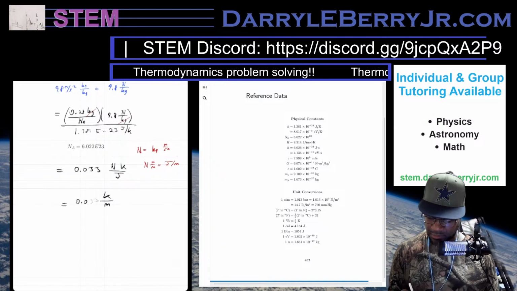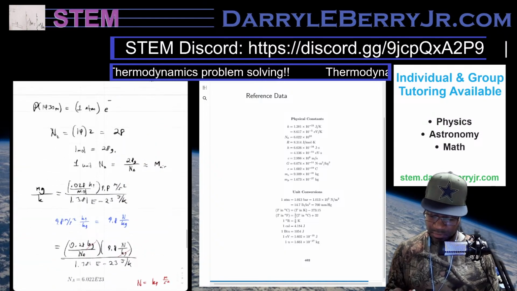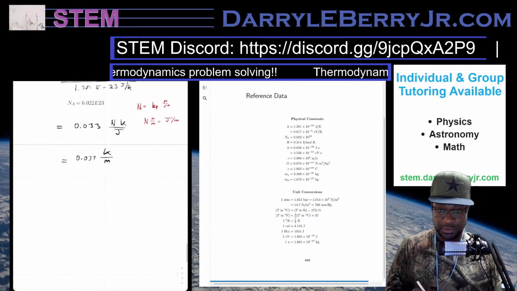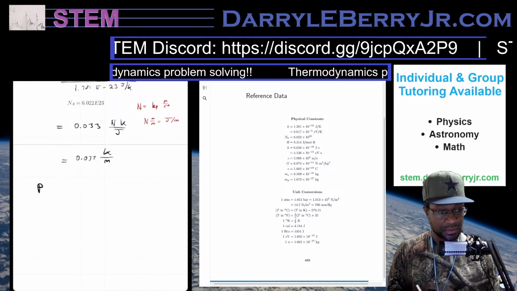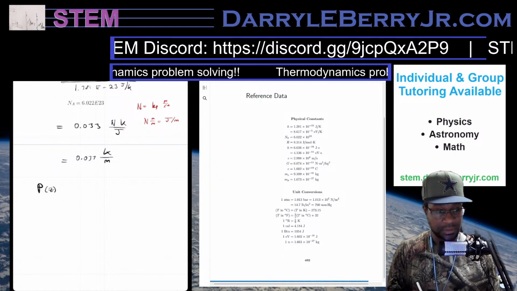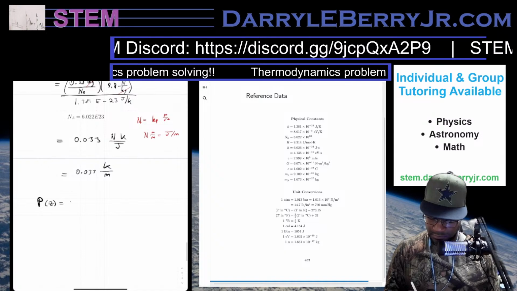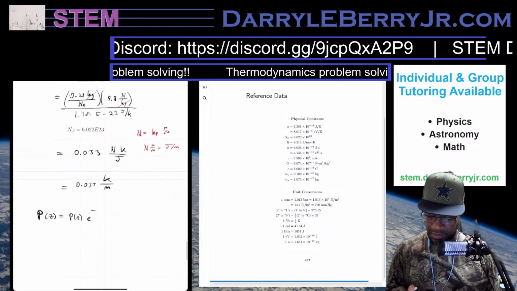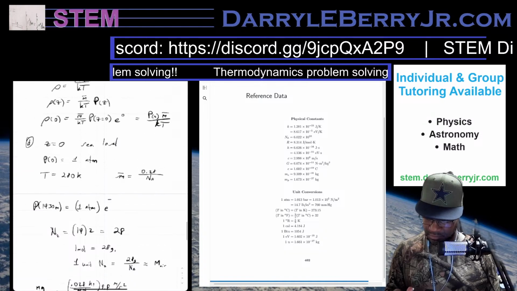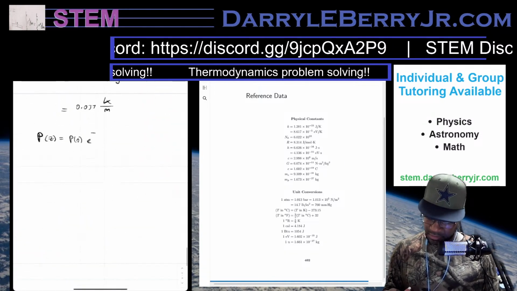So now we're going to get no units, right? So now we can go back to our formula. P(z) equals P0 e to the negative mg over kT z.